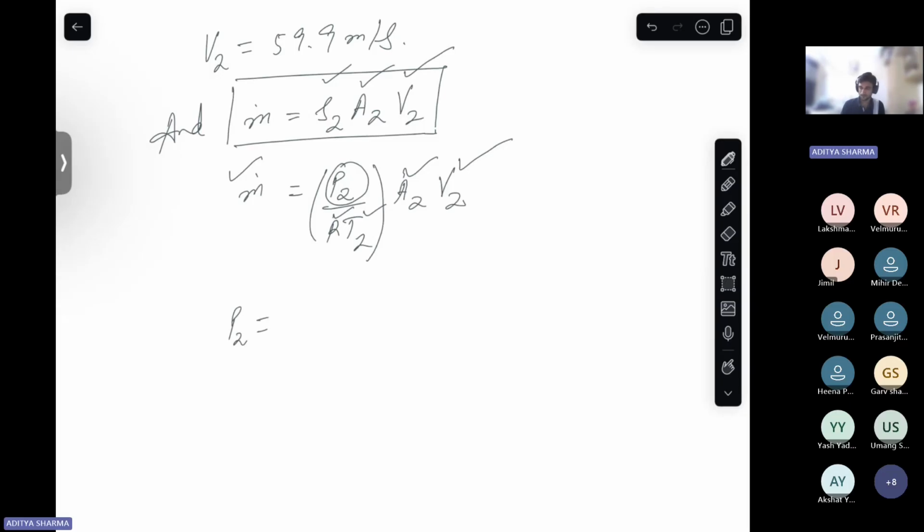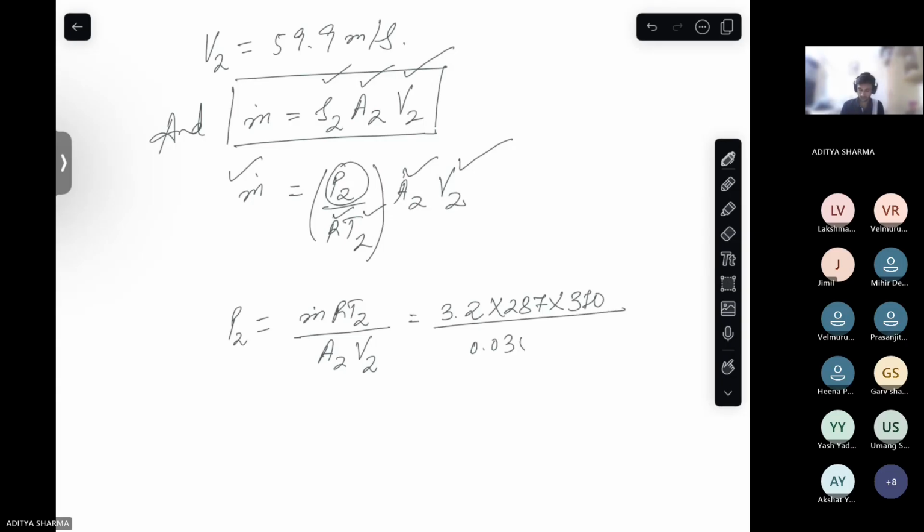So P2 is equals to, if you work this out, this comes out to be how much? If you can calculate this for me.